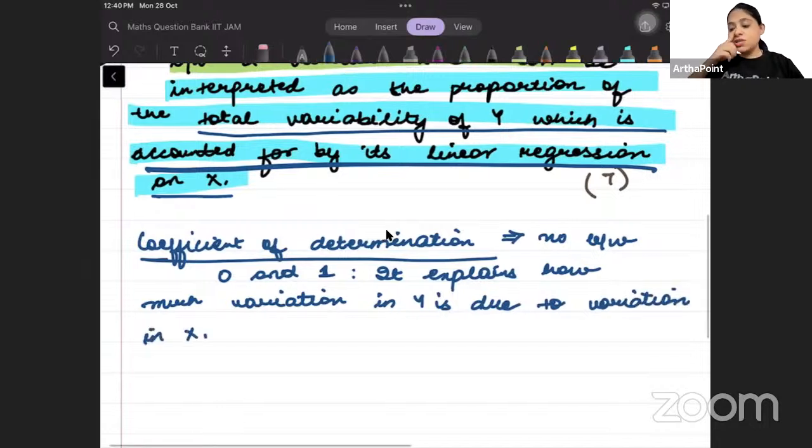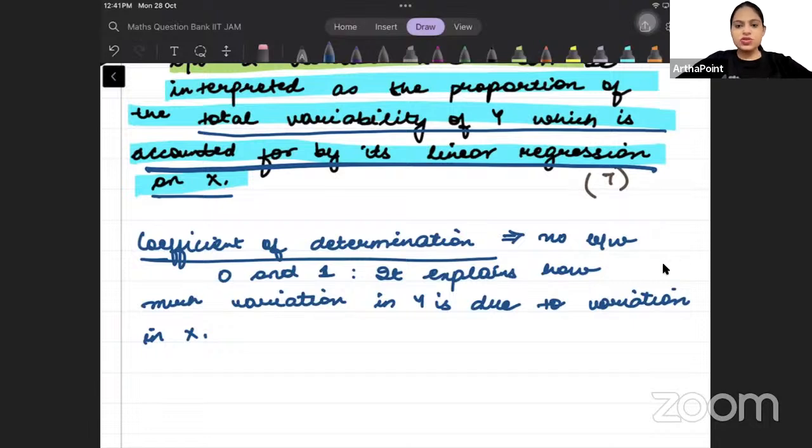Remember, we are talking about a simple regression model. माने हम जिस regression model का बात कर रहे हैं, that regression model basically just has a single independent variable, right? That is why we are talking about small r square also. Now, if I ask you what is the formula of small r square, how can you find it?